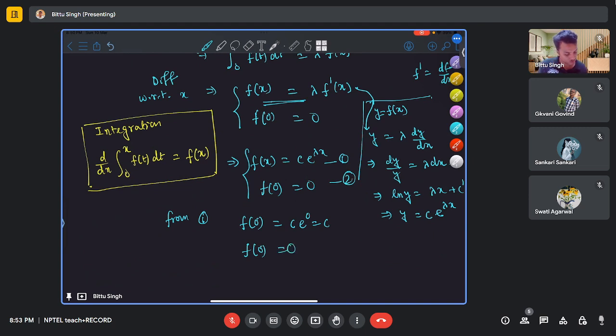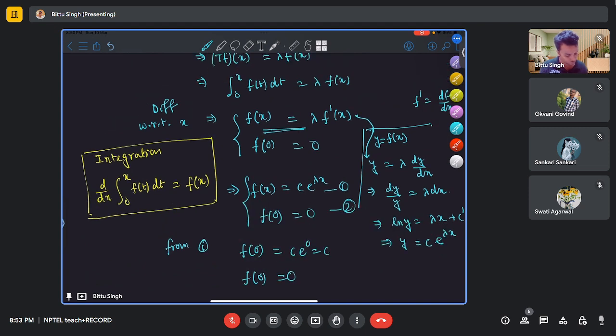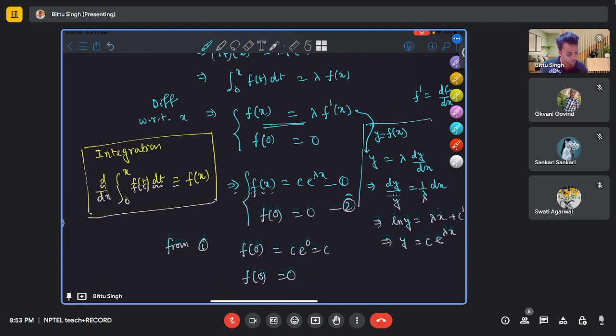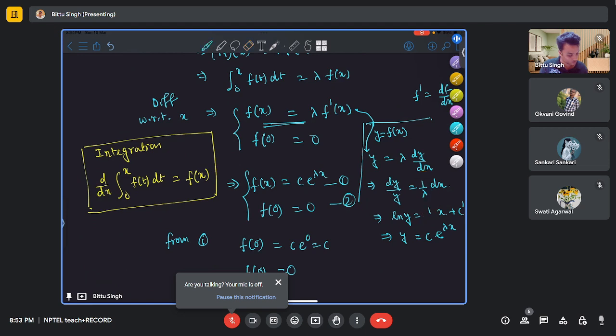Sorry for this. This is actually dy by y equal to 1 by lambda dx. This gives 1 by lambda x plus some constant, and this is c e to the power lambda x.